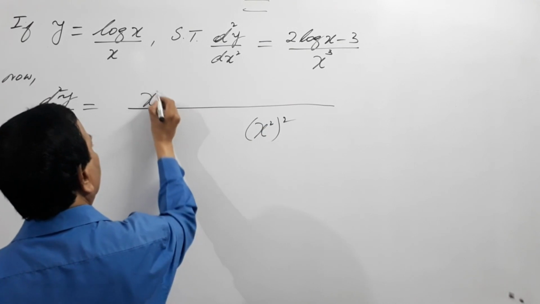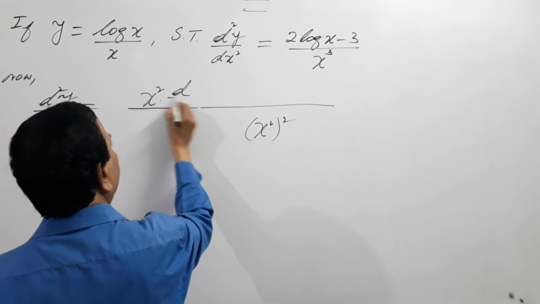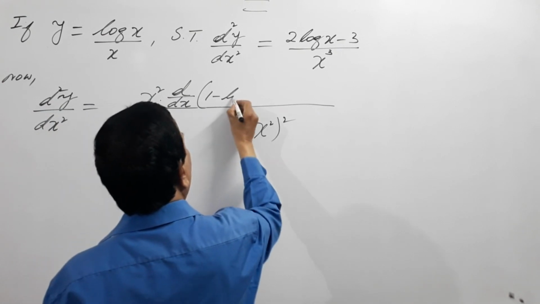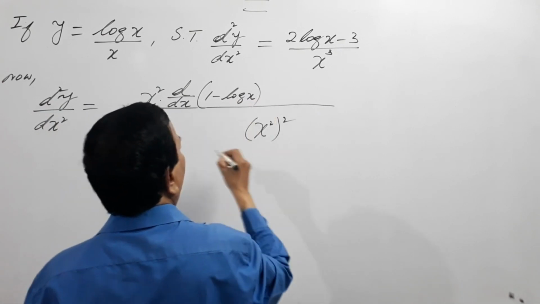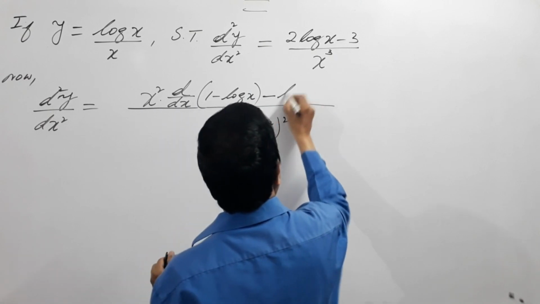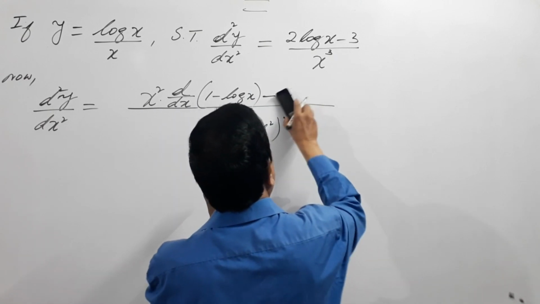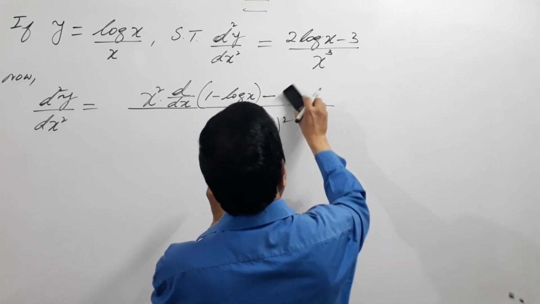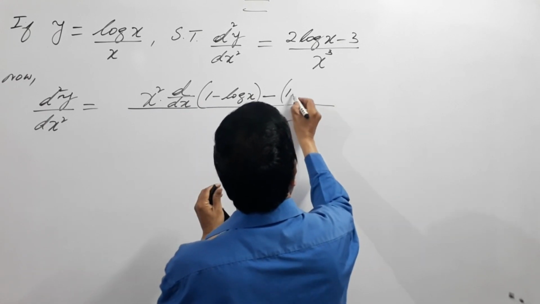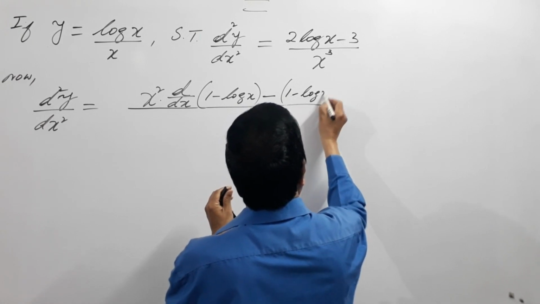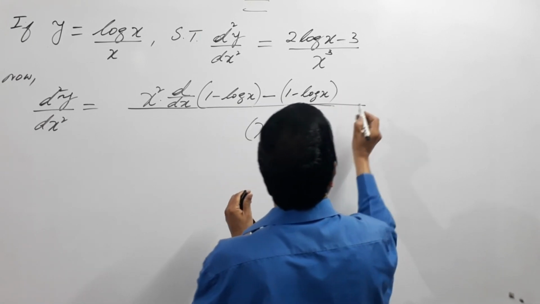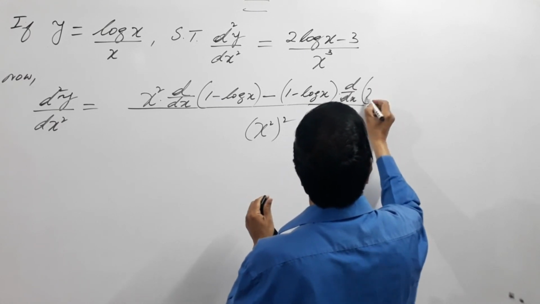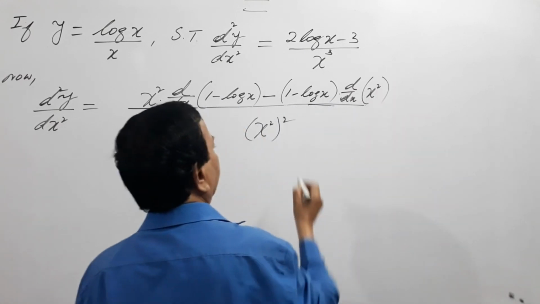So this will be x square into d by dx of (1 minus log x), minus (1 minus log x) into d by dx of x square.